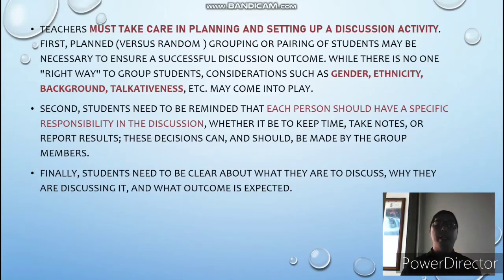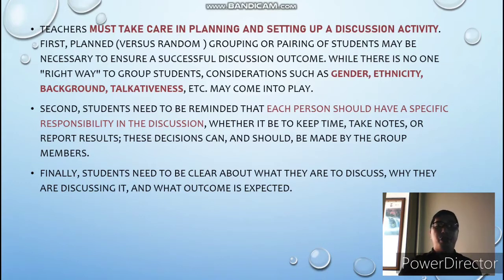And finally, students need to be clear about what they are to discuss, why they are discussing it, and what outcome is expected. Definitely, teachers should tell the students the purpose of the activity, the things that they have to discuss, how they are going to perform the task, and what output is expected of them.